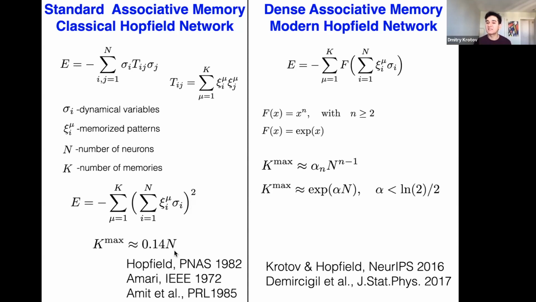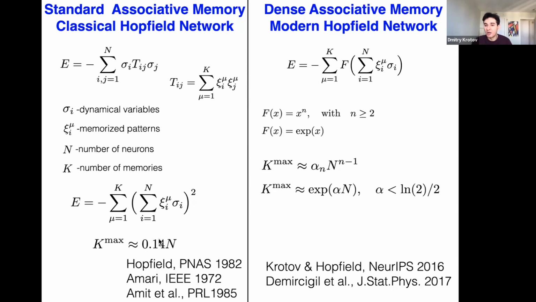But it turns out that you can somewhat relax those conditions, and by doing so, you can play a little bit with this coefficient 0.14 in front of the linear scaling. But as long as you stay within the class of these energy functions that are quadratic in sigmas, there is no way that you can beat the linear scaling relationship of the capacity as a function of the size of the network.